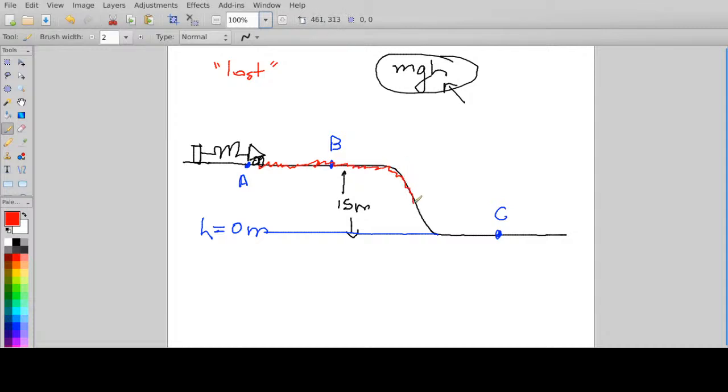What's happening is all the way along here, because there's friction, there's a little bit of energy that becomes heat. It looks like the energy at the end is less and it's lost, but it's been converted into heat. The thing is we don't know how to do that calculation. We don't know how to deal with heat yet. That's the subject of next semester, but we can at least say some energy was lost as heat.